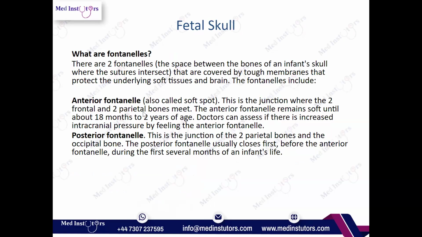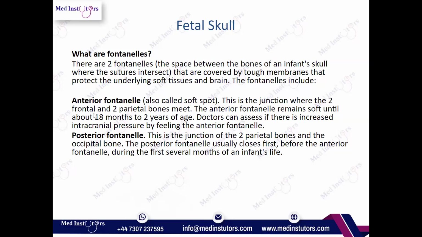So how does the anterior fontanelle form? It is the junction where the two frontal and two parietal bones meet. So again, in the exam, if they twist around the information, if they haven't given any picture and asked about the labeling, but rather mention the structure formed by the union of two frontal and two parietal bones, the answer would be anterior fontanelle. Then the posterior fontanelle is the junction of the two parietal bones and the occipital bone.